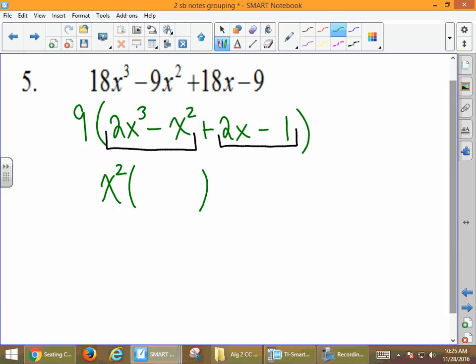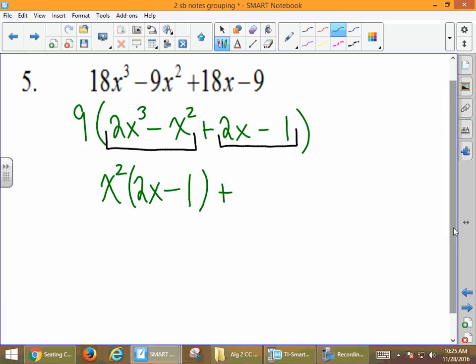And when we factor that out, 2x cubed divided by x squared is 2x. We had 3 x's. We took out 2 of them, so we have 1. X squared divided by x squared is 1. We took out all of the x's.